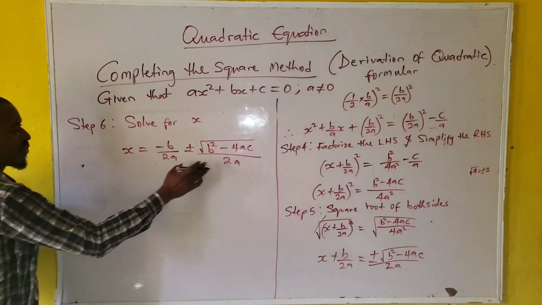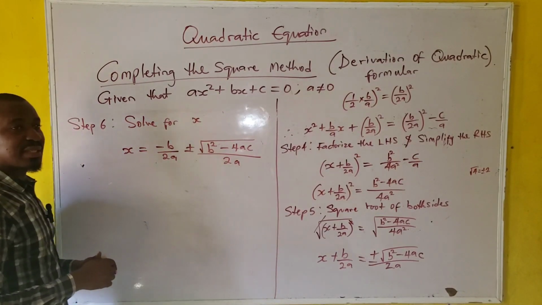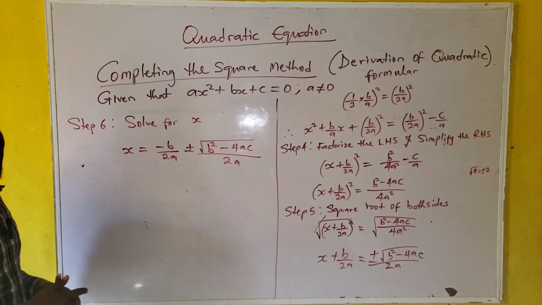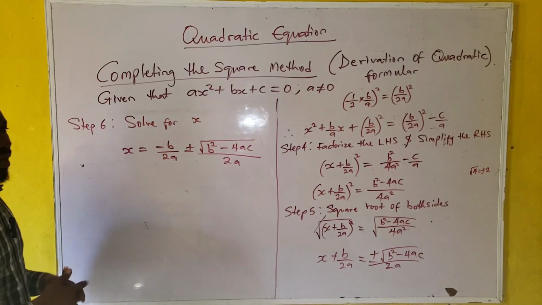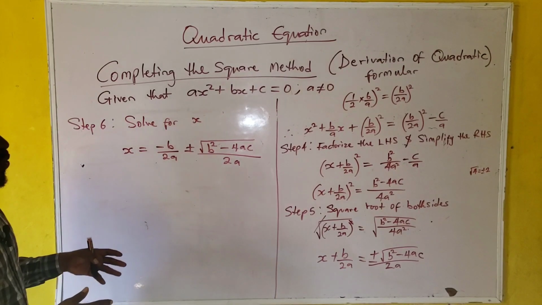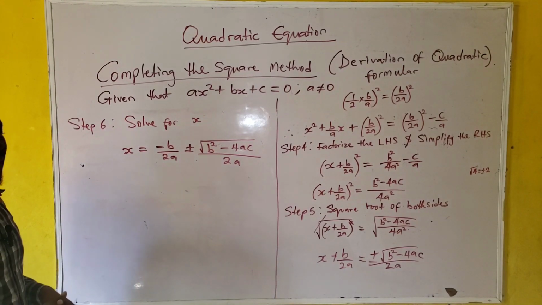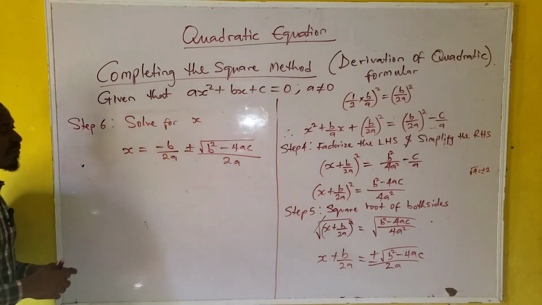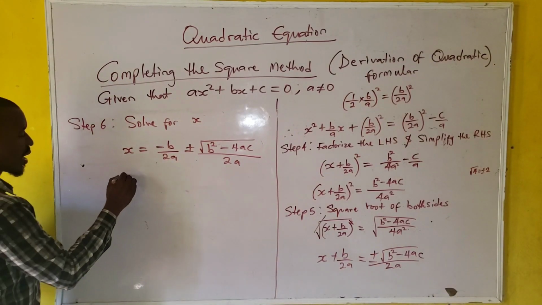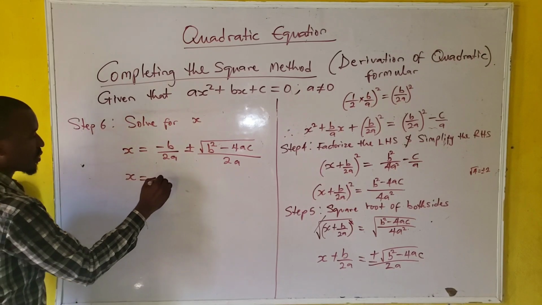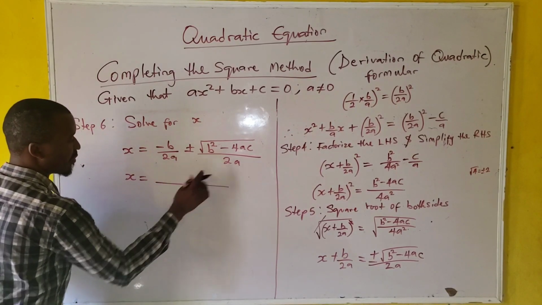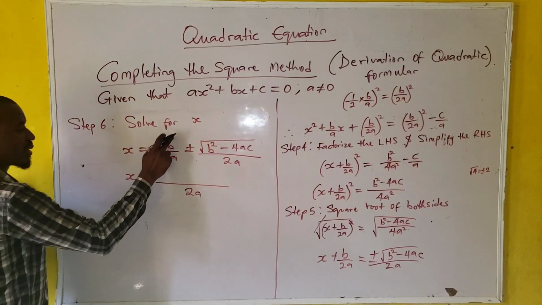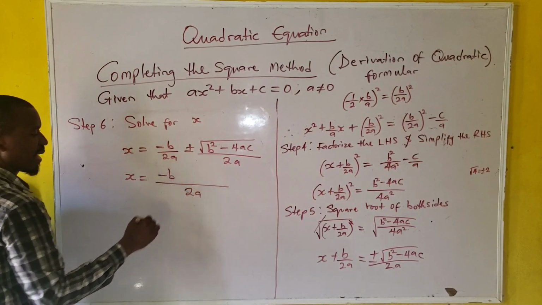So you can see the two fractions appearing again. That's the reason why we started our channel with LCM and fraction, HCF, algebraic fraction, because we see this often in a lot of topics in mathematics. So when you simplify these two fractions, you have that x equals, LCM is 2a. 2a divided by 2a will give you 1. 1 times minus b will give you minus b.